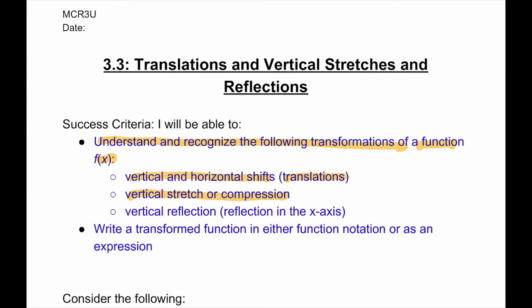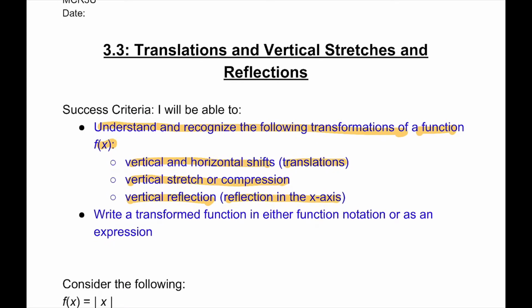The last thing we're going to look at is vertical reflections, or reflection in the x-axis. This is when it's reflected up and down. For example, when we had the parabola reflected in the x-axis, it opened downwards instead of upwards. A new thing is that we're going to write a transformed function in function notation.